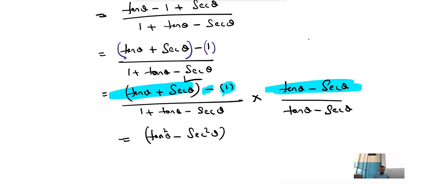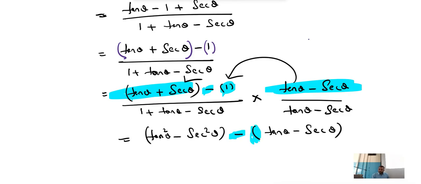Now, again, minus 1 into tan theta minus secant theta is minus, bracket, tan theta minus secant theta. These brackets after the minus are very important. Don't neglect them. Okay, is this clear?